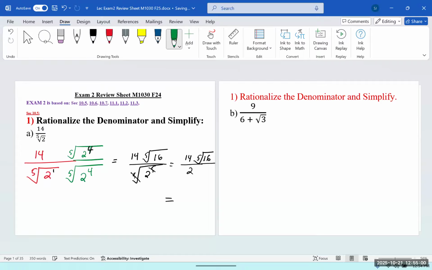What do you see? 2 cancels out 14. 2 goes into 14 how many times? 7. So we have 7, 5th root of 16. And that's the final answer. So when it says simplify, you cannot stop until you really simplify everything, whatever is simplifiable.